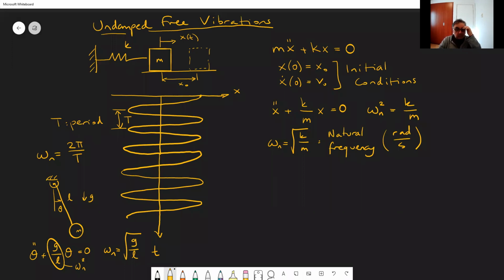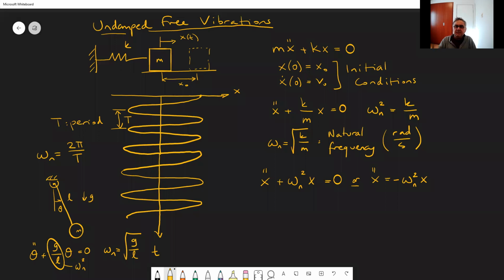So we want to solve the following equation. Since this is omega n squared, x double dot plus omega n squared x equals 0. Or you can say the second derivative is minus omega n squared x.